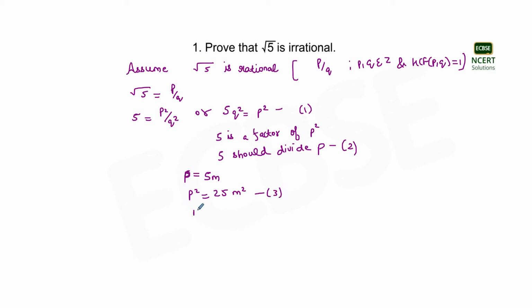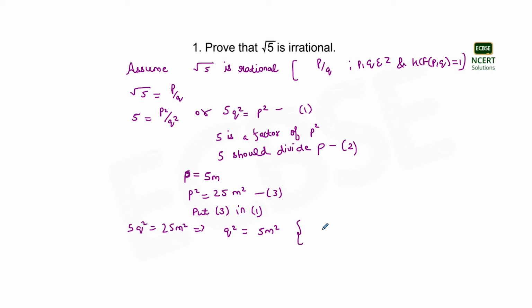Now put 3 in 1. Putting 3 in 1, we will obtain that 5q square will be equal to 25m square. Cancelling out the common terms, we will be left with q square equal to 5m square.